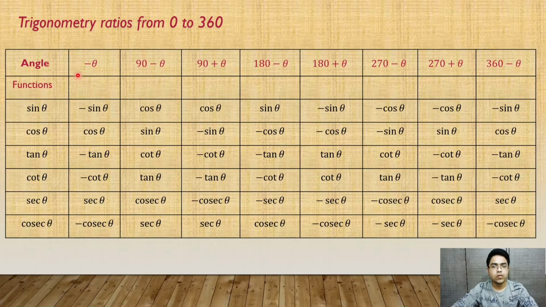Now for 90 plus theta, it is going to be in the second quadrant. So sine of 90 plus theta will give us cos theta.